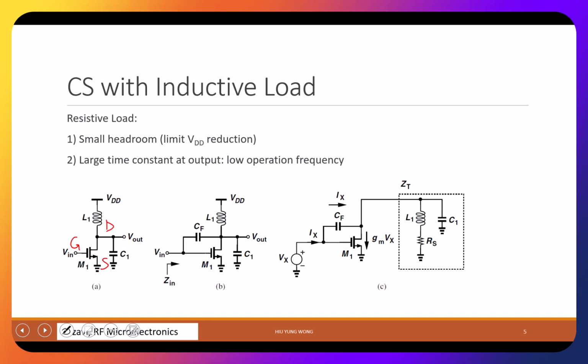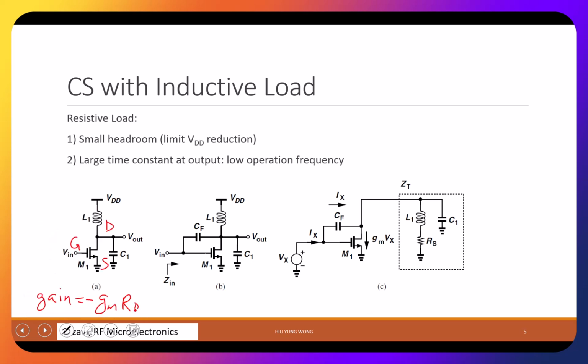So what is the gain? What is the gain for a common source amplifier? Anyone remember? Negative gm RD, where the output in this case is the drain voltage, right?